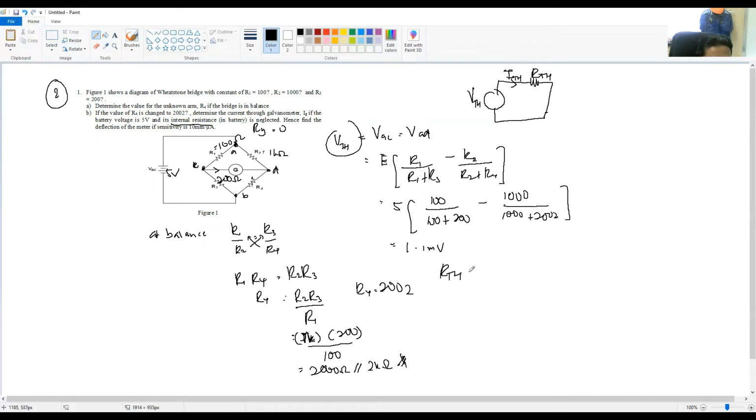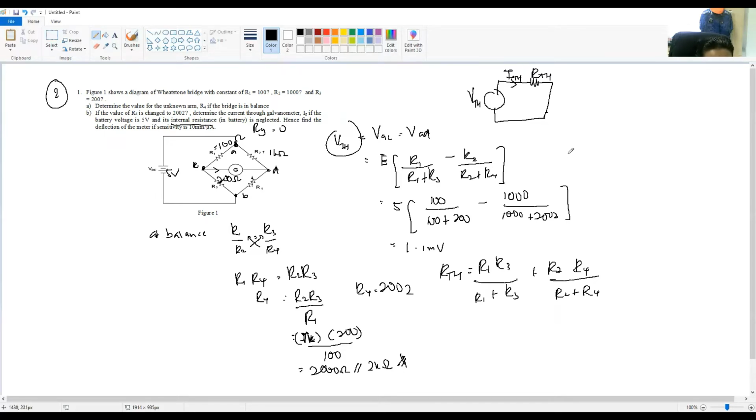This is the formula to calculate the RTH: R1 multiplied by R3 over R1 plus R3, plus R2 multiplied by R4 over R2 plus R4.